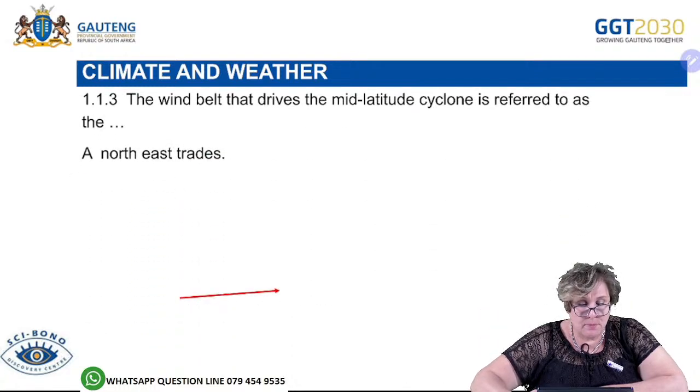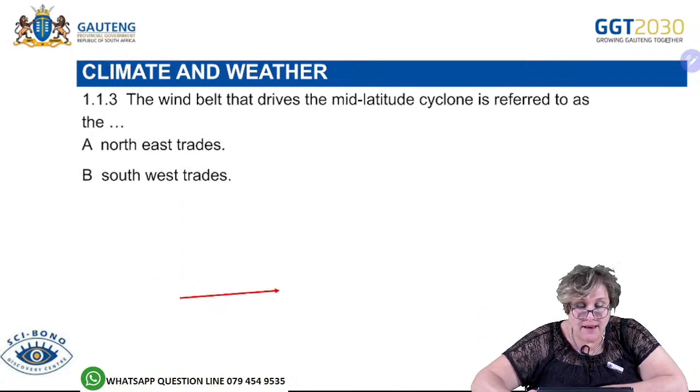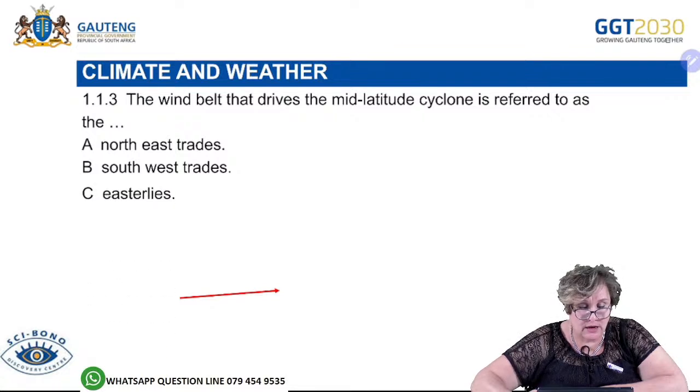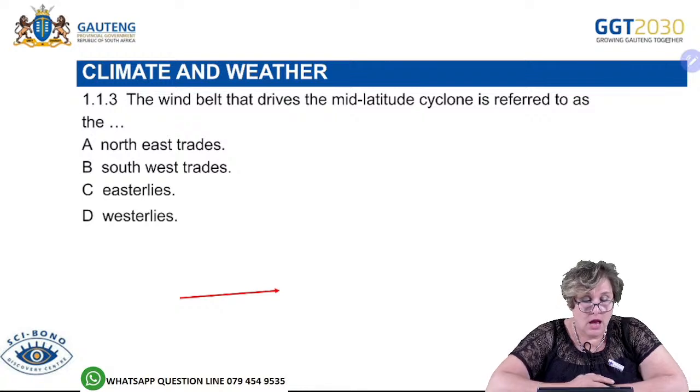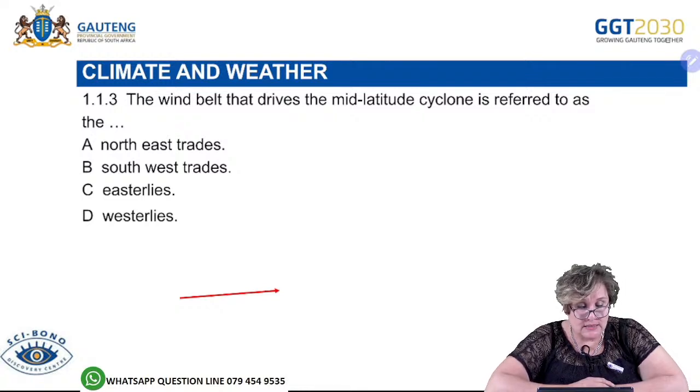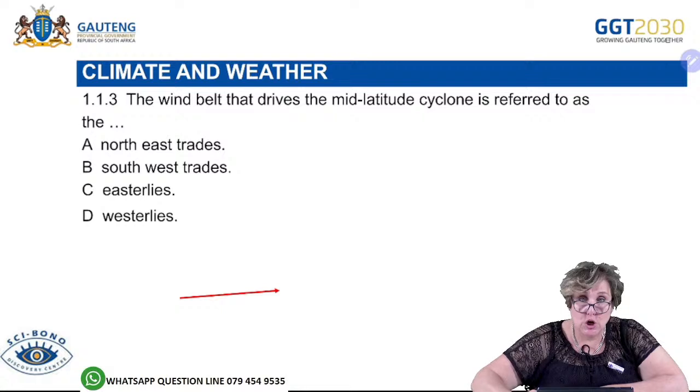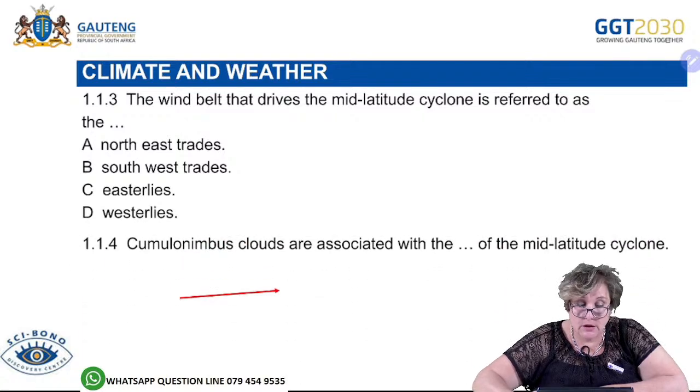The wind belt that drives the mid-latitude cyclone is referred to as A, Northeast trades, B, Southwest trades, C, Easterlies, or D, Easterlies. Remember, you have to choose the correct letter.